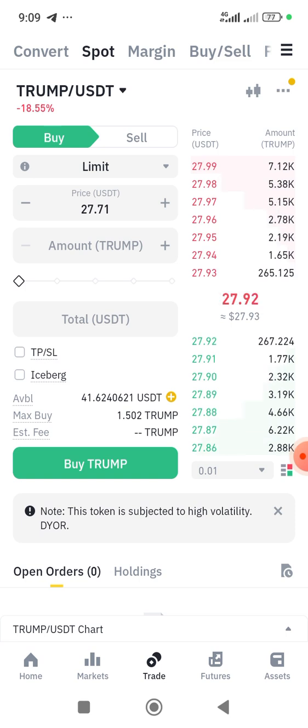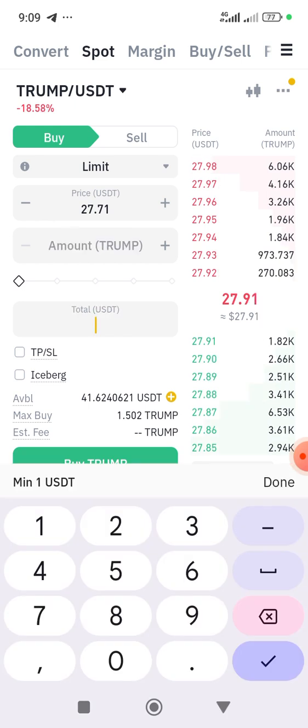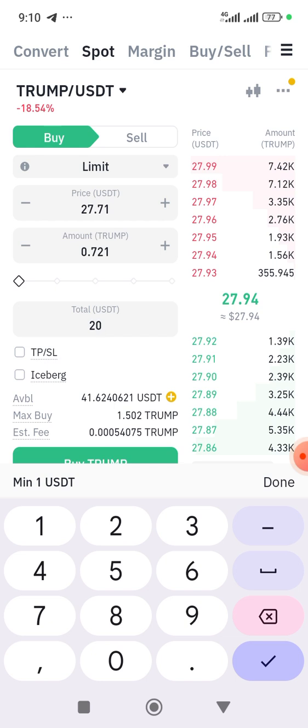Now if you want to buy crypto, all you need to do is to type the amount that you want to use to buy here, as in the amount in dollars. For example, let's say I want to buy this Trump. I want to buy $20 worth of Trump. Then I type 20. As you can see, this is the unit that I will buy at the end of the day.